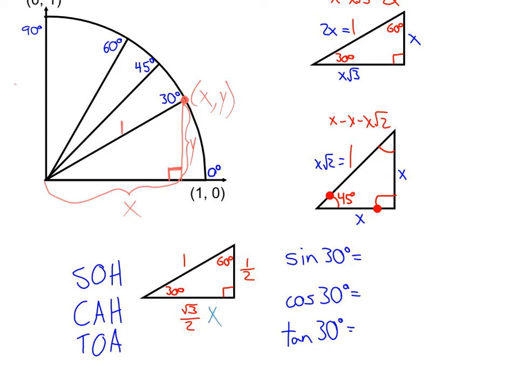If I were doing the x coordinate, I would have cosine of 30 is x divided by 1, which of course is just x. If you were to use your calculator and punch in cosine of 30, what do you get?